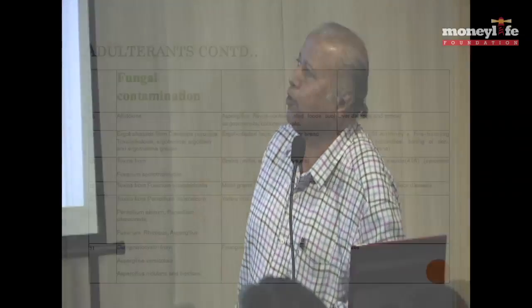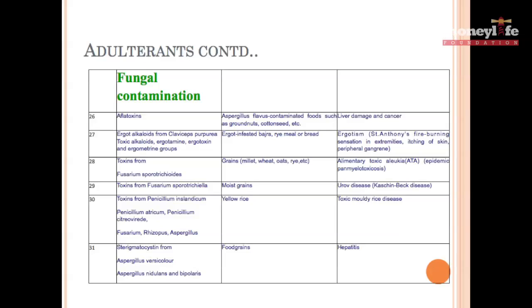Now fungal contamination, which is very important. First is aflatoxin. Aflatoxin is normally found with groundnuts and any material containing oil, for example oil seeds. Then you have the remnant after removing the oil, because the oil cake is used for poultry and for milching cows.